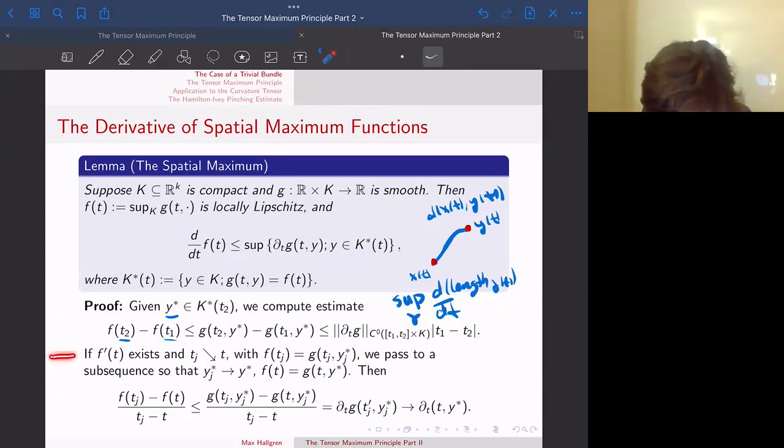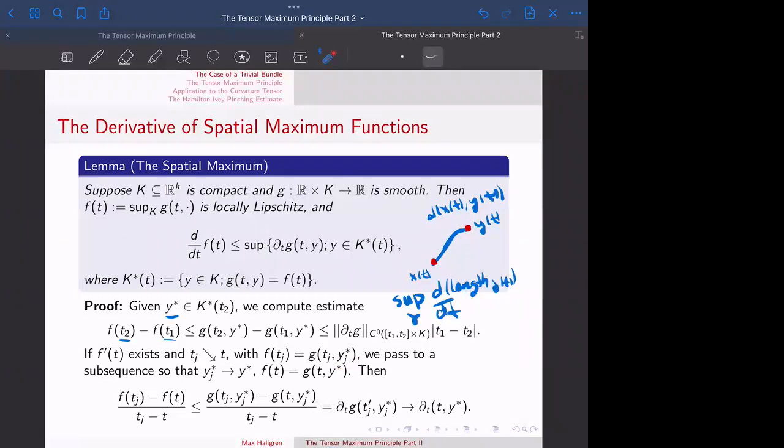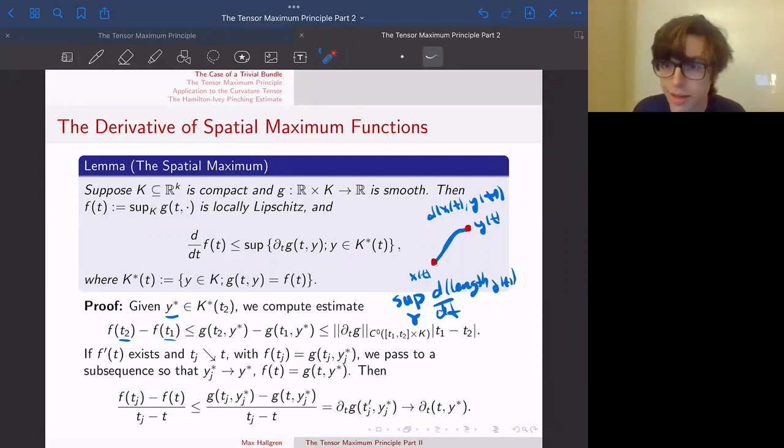And so now let's consider a time where the derivative exists, and let's consider a sequence tj descending to this time. And that means that we can pick these yj stars, which are going to be points where this spatial maximum is achieved. So here's where we use the compactness of our set K, or one place where we use it. We also kind of implicitly used it to get that this is finite.